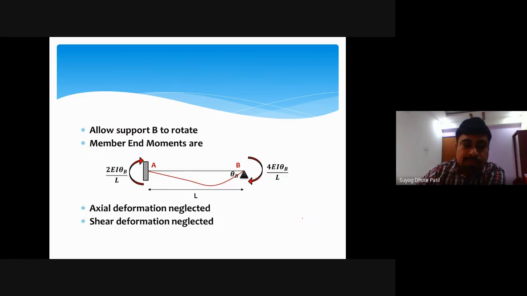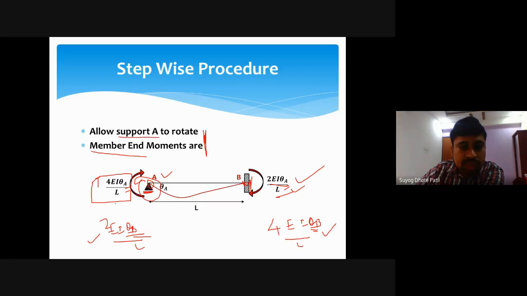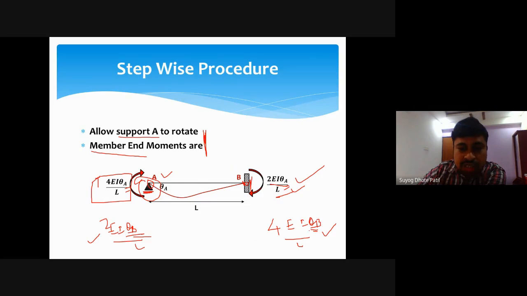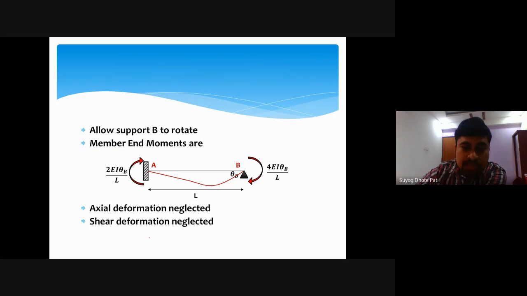Now allow support B to rotate similarly. So this will be for support A and this will be for support B, again similar to that: 4EIθB/L and 2EIθB/L. So again like this, considering the joint hinged here and fixed here, we derive the relations for the member end moments.